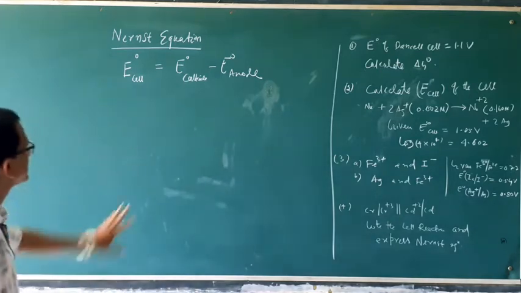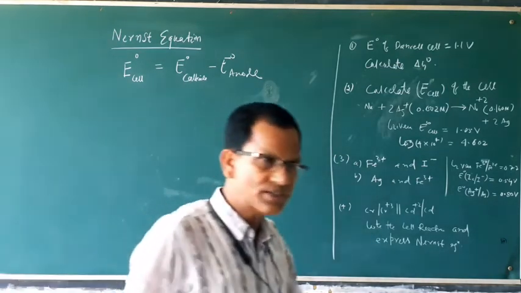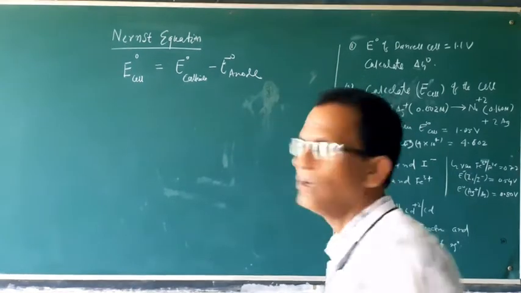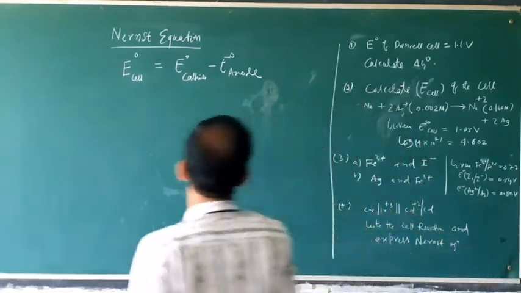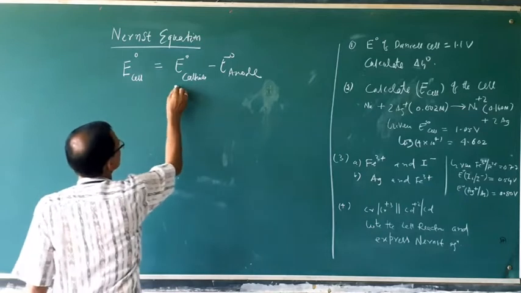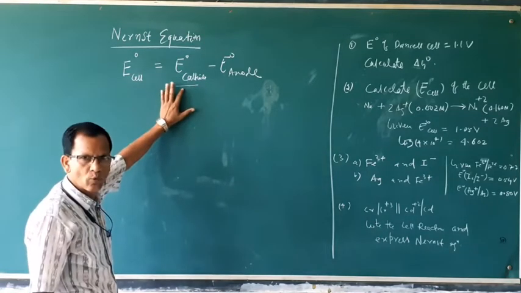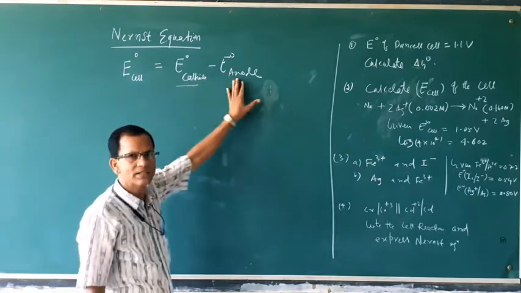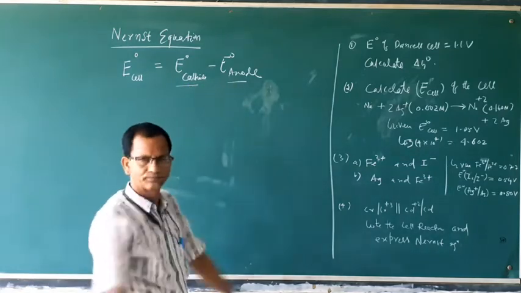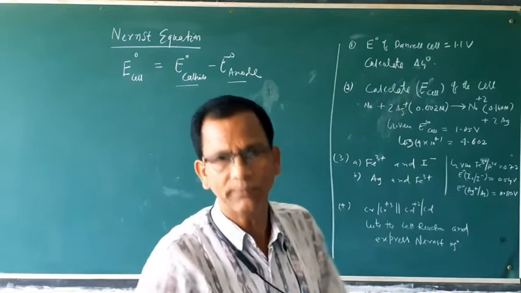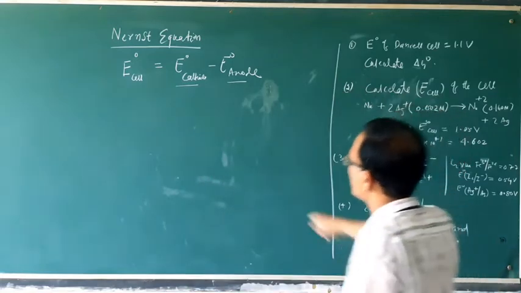This is the representation of the standard electrode potential of the particular cell. This is one half cell. That is the electrode potential of one half cell and the electrode potential of the second half cell. That is called the standard EMF.